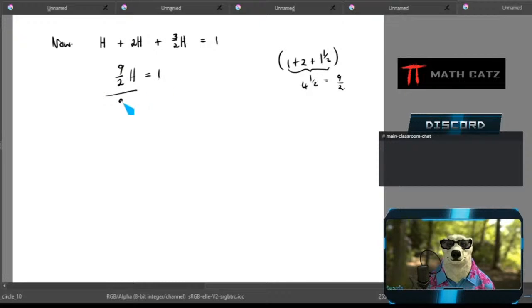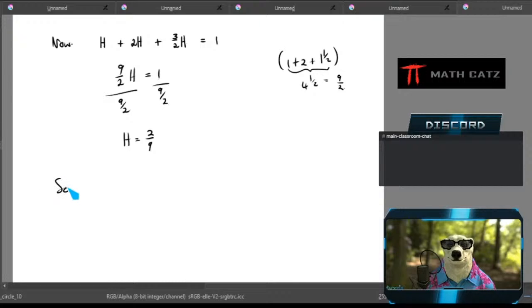So I'm going to divide by 9 over 2 to get h alone. And when I divide by a fraction, we saw the pattern that it's equivalent to multiplying by the reciprocal, so 2 over 9. So that gives me h.